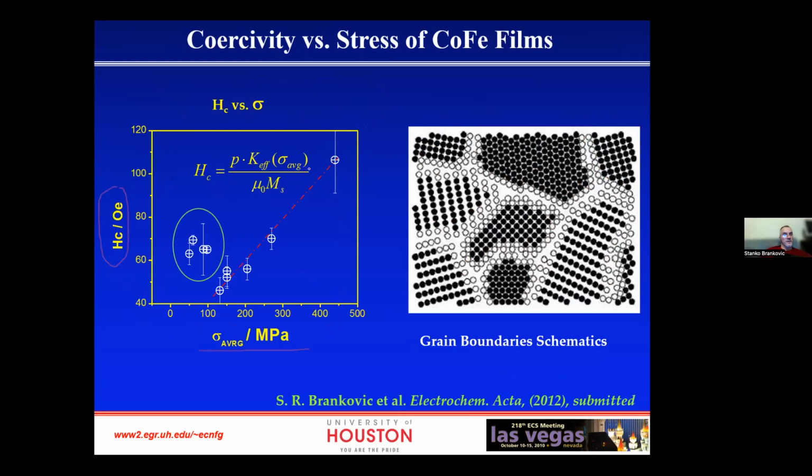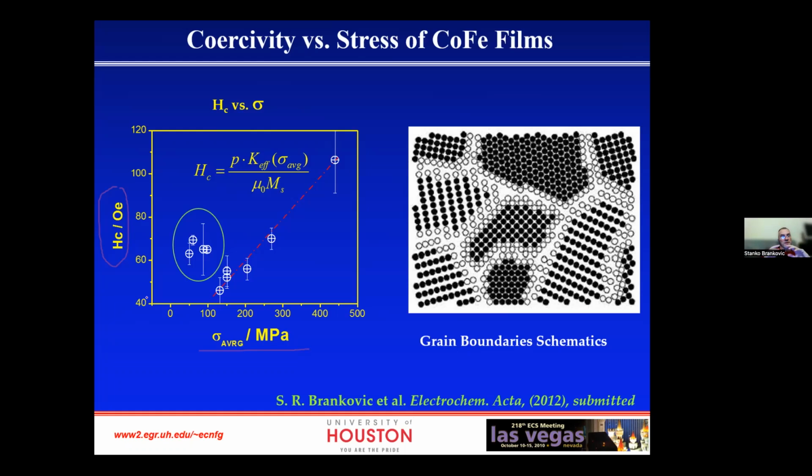Interestingly enough, guess what happens? If you see here, as the stress in the film drops, the coercivity in the film drops. So, as we discussed before, if you remember, incorporation of the additives is directly linked to the decrease of the film coercivity, from what we talked about last class.